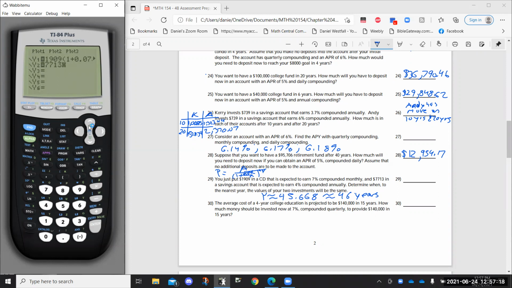7713 times 1 plus 0.04. This is compounded annually. So to the 1 times x. You're not expected to know how to graph these by hand. We're going to zoom, see if we can get the point of intersection here.